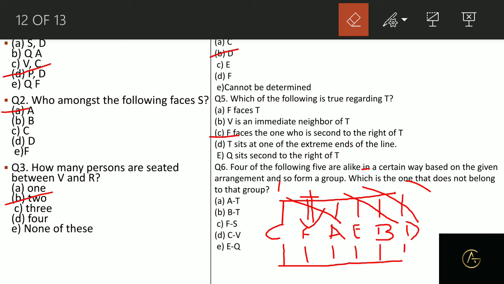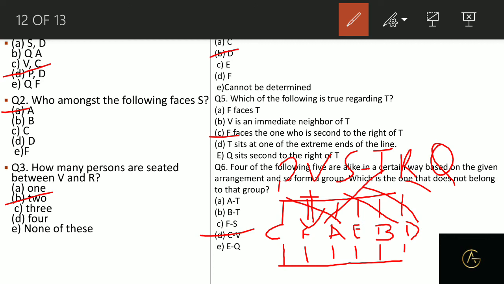Four of the five are alike in a certain way based on the arrangement. Which one does not belong to that group? C and V. A and T. P V S T R Q. A and T, after leaving one.